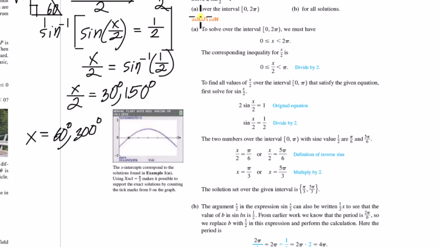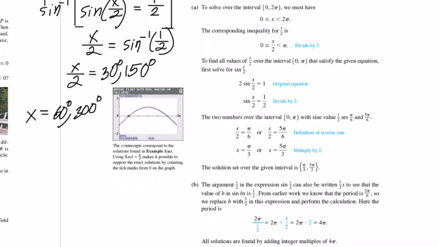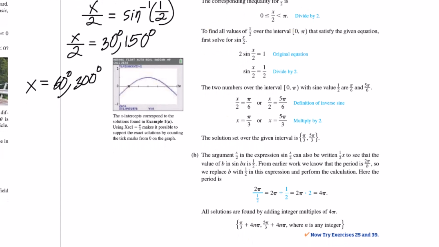Okay, and so that's what they do here. They go through that process, and then for part A, they just give the solutions between 0 and 2 pi. So that's 60 degrees and 300 degrees. That's what these are in radians. And then they do for all solutions, and they just write this in a mathematical way.